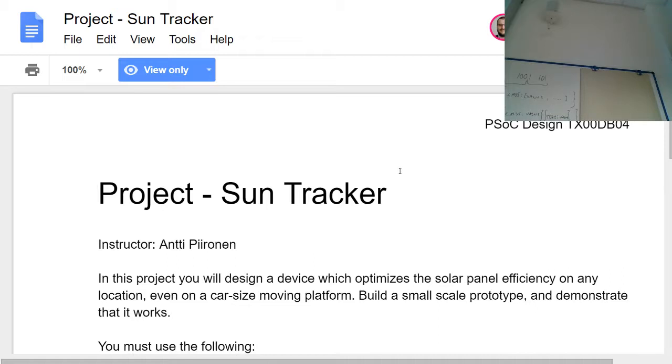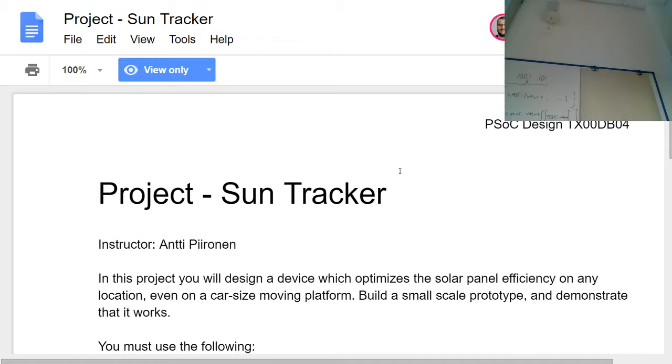You can make it point basically over the hemisphere like this. And if you also include a rotating platform of 180 degrees, you can actually scan the whole sky. Right, two servos.